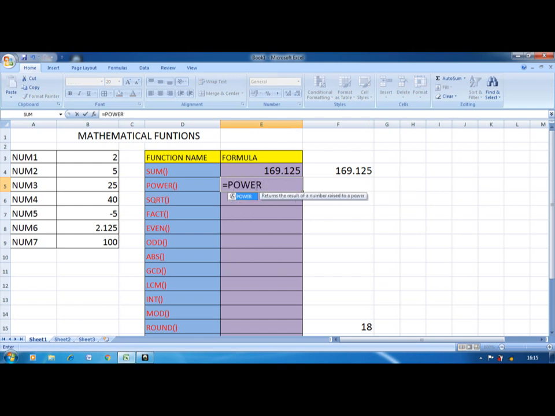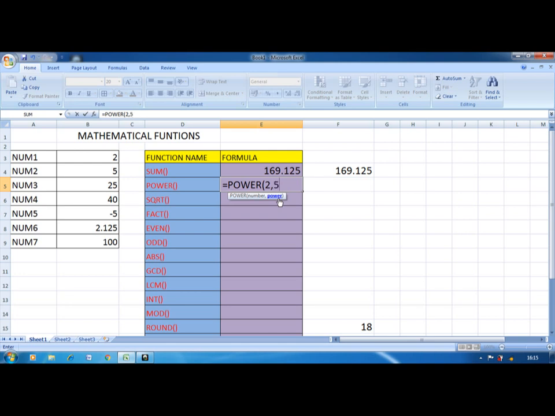A function or formula always begins with the equal sign. Here I have just written the function name, so in this column I am executing how it works. Opening brace. Here only two options are there, number comma power. Number means you can write any number. I will write 2, comma, power, and the power should be positive only.